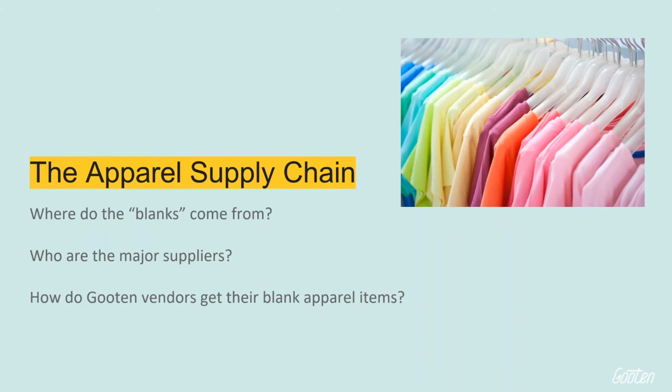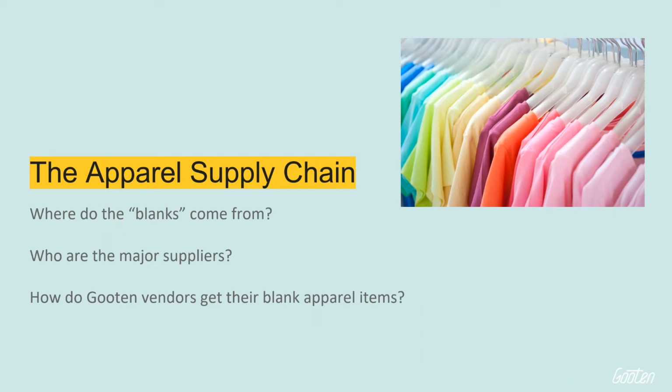Some of the biggest distributors out there in the US market would be TSC Apparel, Sanmar, Alpha Broder, SNS Activewear, and how our vendors get the blanks is actually through the distributor.